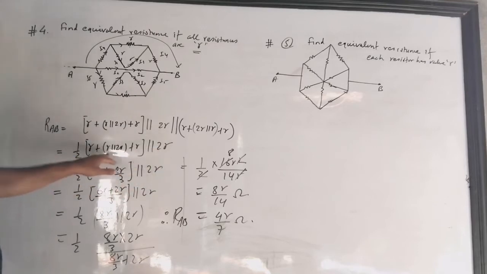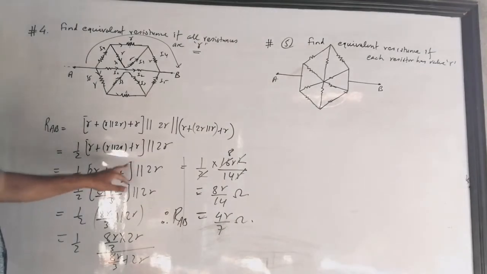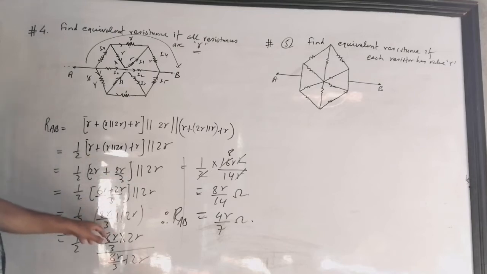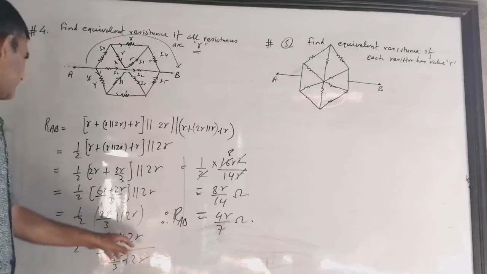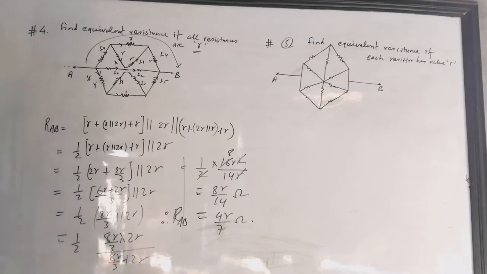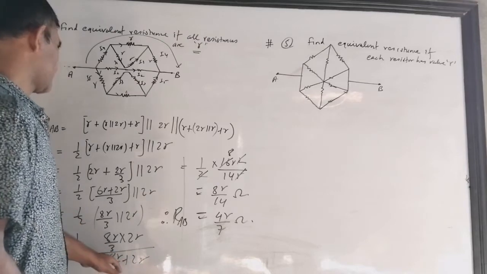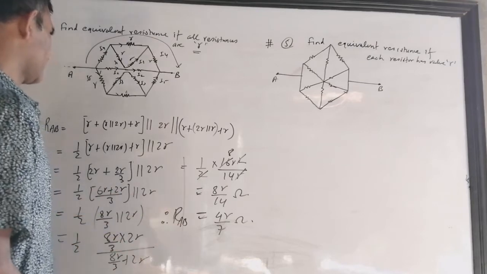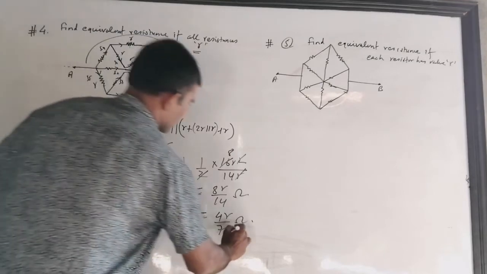I just copied it down, and so 2R by 3R, and so R is 2R by 3, and here 3 to the 6R plus 2R, it's 8R by 3, and parallel 2R, so 8R by 3, parallel means product by sum, so 8R by 3 times 2R, and 8R by 3 plus 2R, and so again I will take 3 as LCM here, and so 3 will cut, and 3 to the 6 plus 8, 14, okay, 14, and then 8 to the 16 R square, and so R cut and by 2, and so this will become 8R, okay, that's correct.